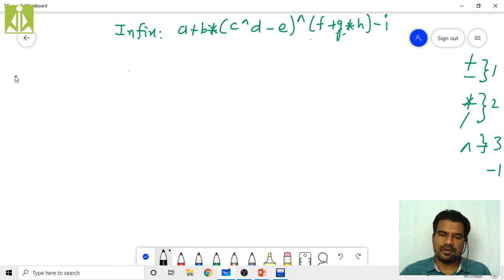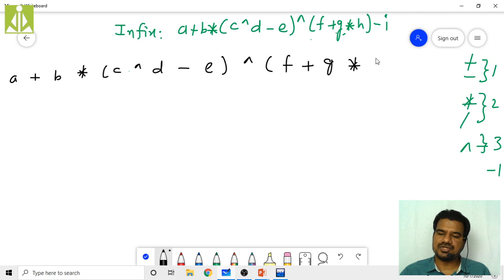A, then plus B star, open bracket, C cap, D minus E, closing bracket, one more cap, open bracket, F plus G asterisk, that is multiplication, then H, closing, minus I. So like this we have all our characters.